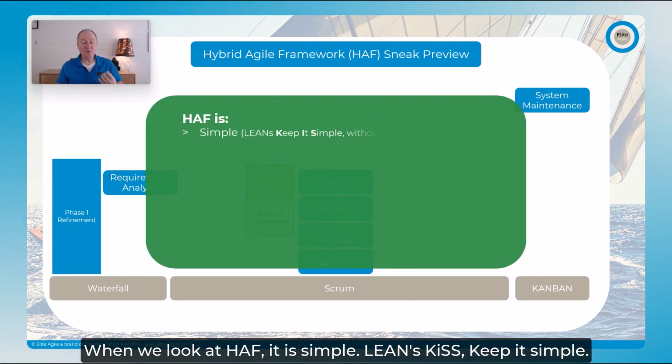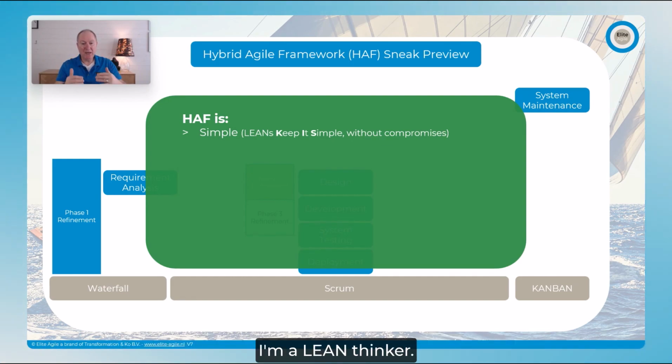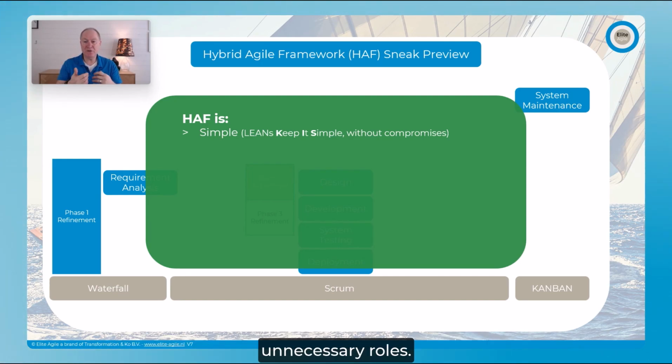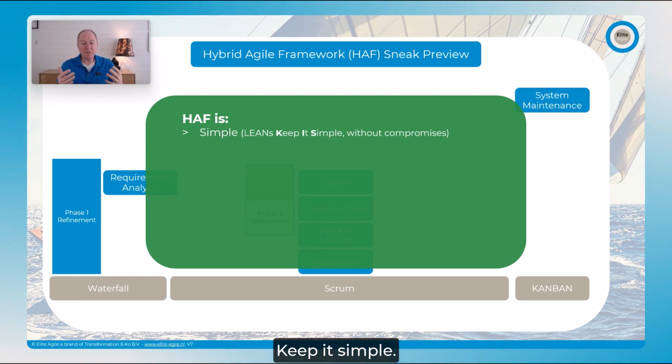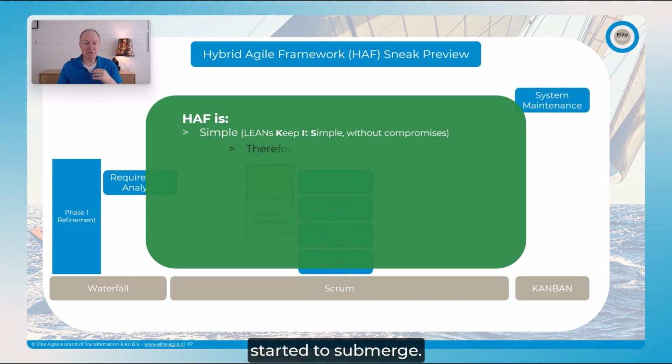It is simple, Lean's KISS, keep it simple, without compromises. That is why it started to emerge. I'm a lean thinker. I was always looking to get rid of unnecessary processes, unnecessary roles, keep it simple. And very slowly, the Hybrid Agile Framework started to emerge.